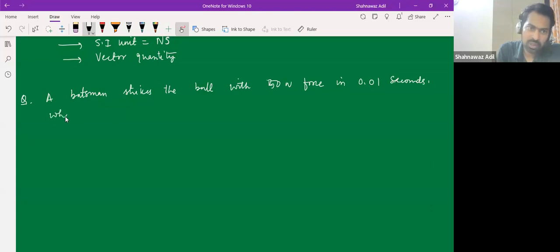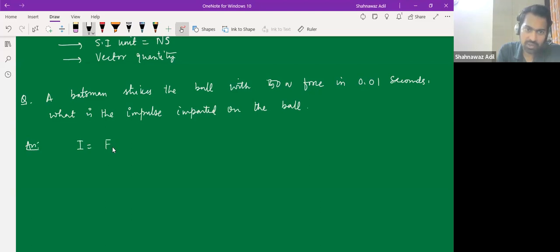So what is the impulse imparted on the ball? Right. Please calculate and tell me the answer. What is I? This is F into T. So please calculate and tell.